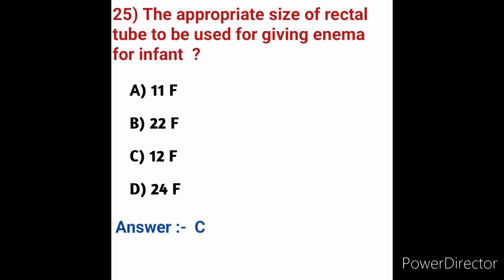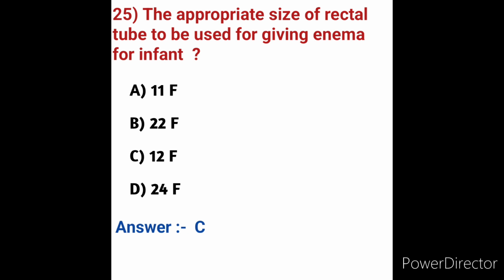The appropriate size of rectal tube, recommended amount of saline prescribed by the doctor, and mixing the recommended ingredients. We have to deliver the enema through a soft silicone tube like a Foley's catheter. For infant enema, we have to use microlax enema up to 3 years of age.